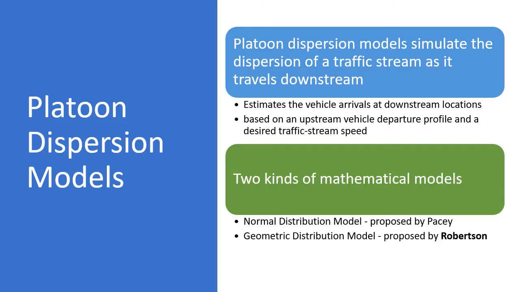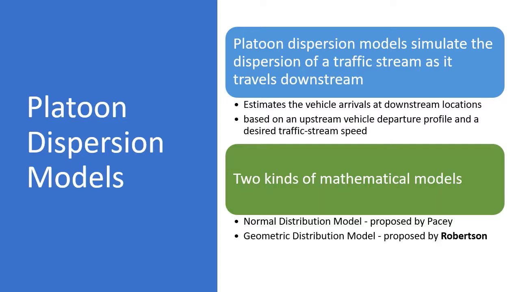If you want to know the flow, or the arrival rate at the next intersection, we need to know how many vehicles have already departed from the previous intersection. So that is what is given here. The flow at the downstream end, or the arrival rate, depends upon the upstream vehicle departure profile.